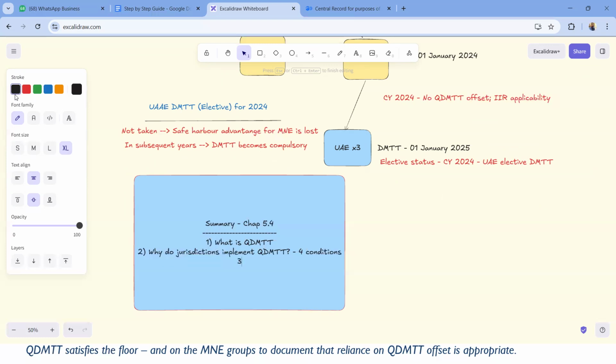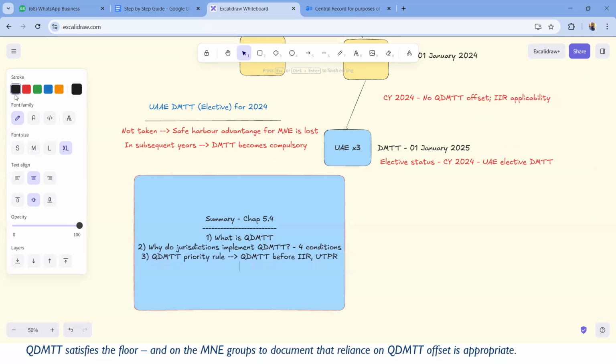And then we learned about the QDMTT priority rule. What is the QDMTT priority rule? QDMTT comes before IIR and UTPR. Then we learned what the qualifying criteria for QDMTT are.